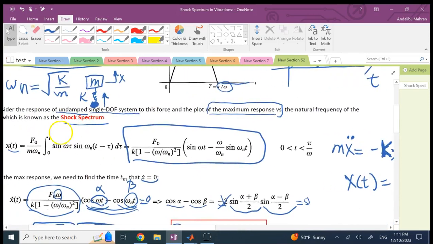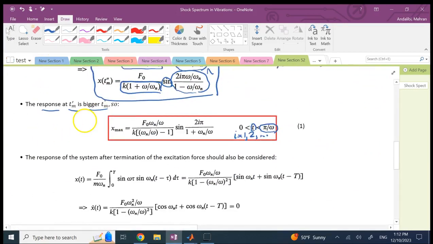Remember, your solution has two parts, this one and this one. Even if this one goes away, this one doesn't. This is an undamped system. So you cannot just ignore that and say, we don't care what happens after the half sine wave is gone. We have to look at the maximum for that part as well.